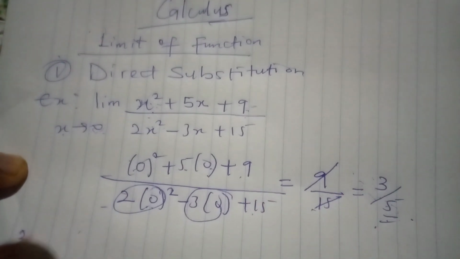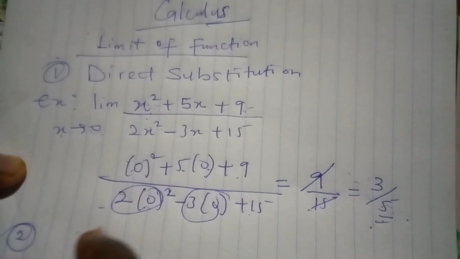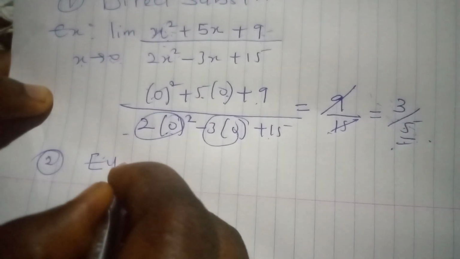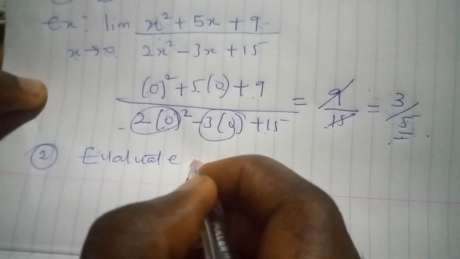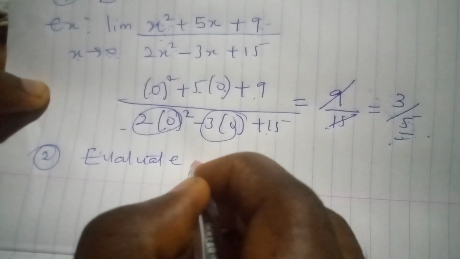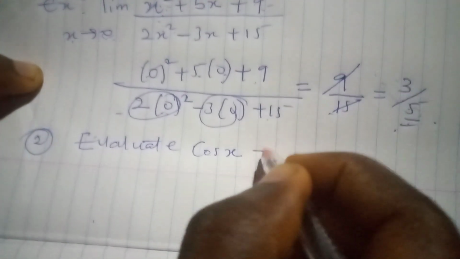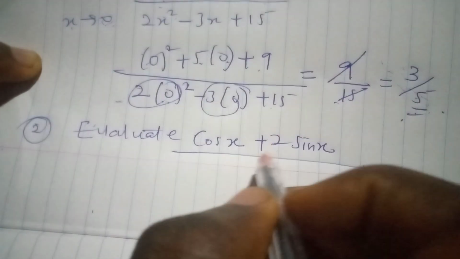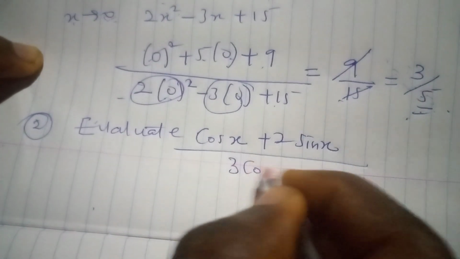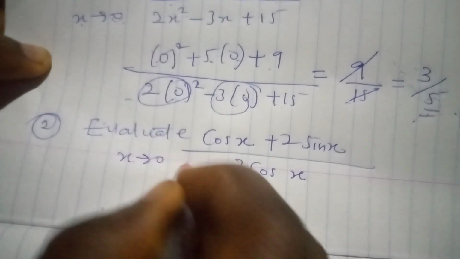Now let's look at number 2. Under direct substitution, they give us: evaluate the limit of cos x plus 2 sine x all over 3 cos x, as x tends to 0.